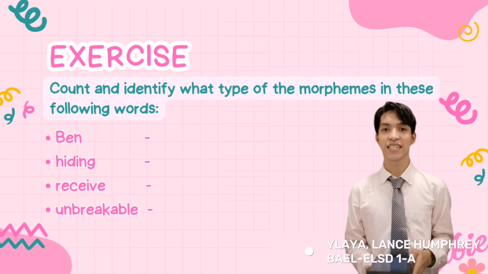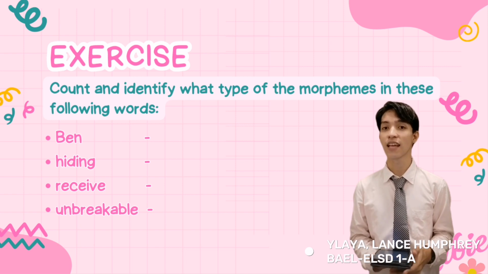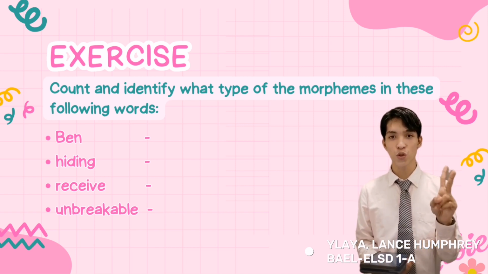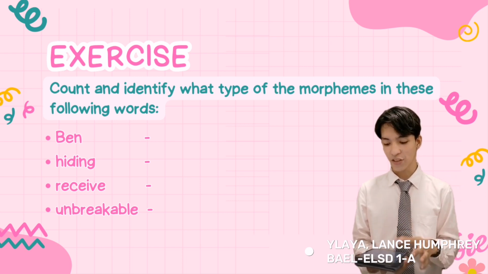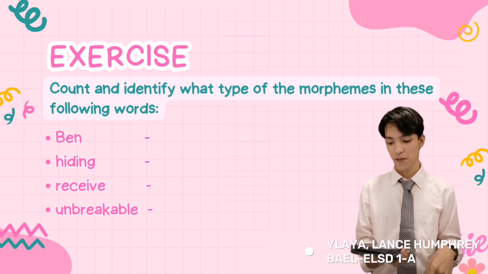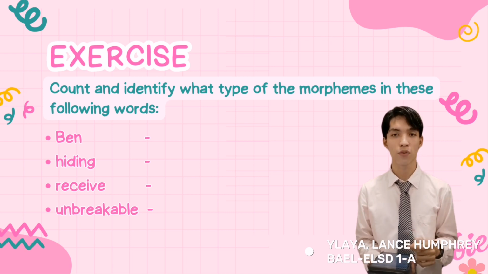The second word is hiding. I'll give you 3 seconds to answer that word. 1, 2, 3. What's your answer? You're right. There are 2 morphemes. The first morpheme is hid. That is a free morpheme, and the ing is a bound morpheme.